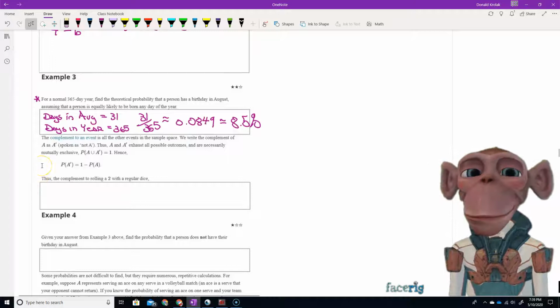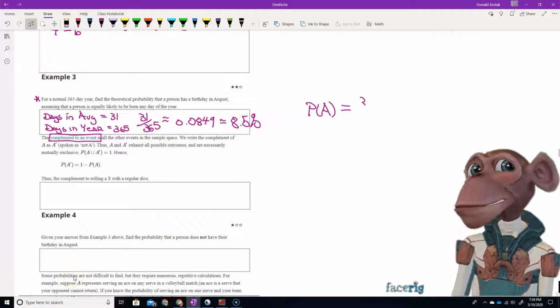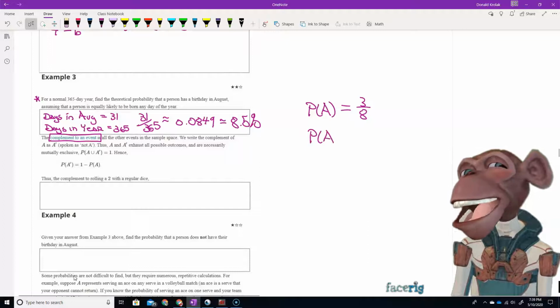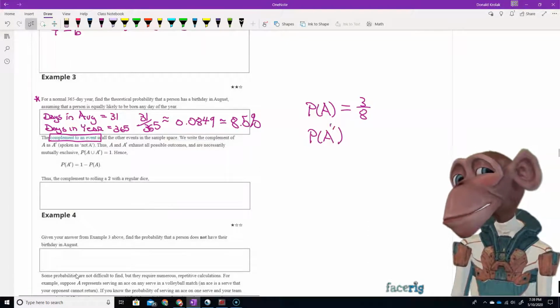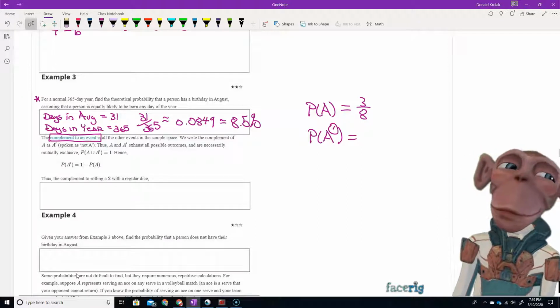All right, now what's known as the complement of an event? That simply is the rest of the probabilities. So let's say the probability of something happening would be 3/8. Then the probability of A not happening, that's what that stands for, would be whatever's left over.